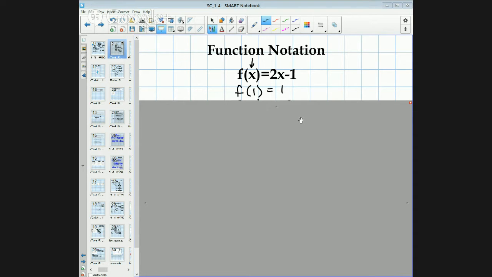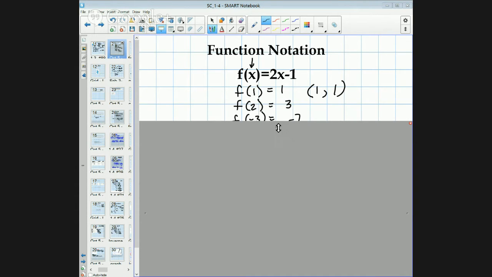By the way, you can think of that f of 1 equals 1 as an ordered pair. Again, when 1 is plugged in, out comes 1. So that's a really cool advantage of function notation. It shows you the ordered pairs.